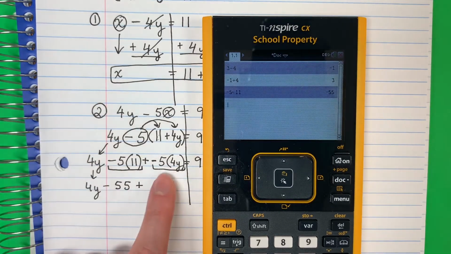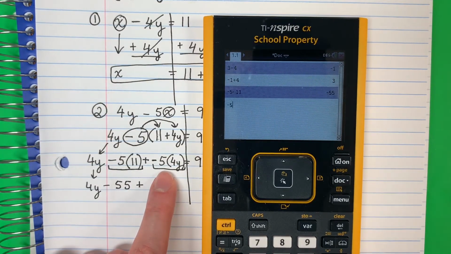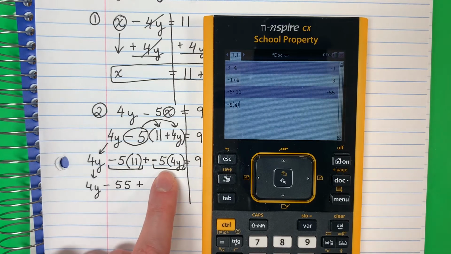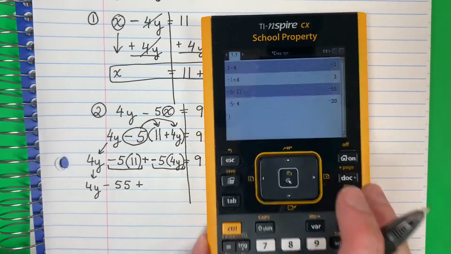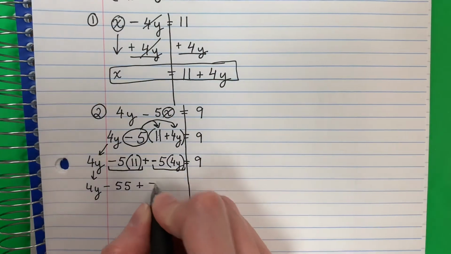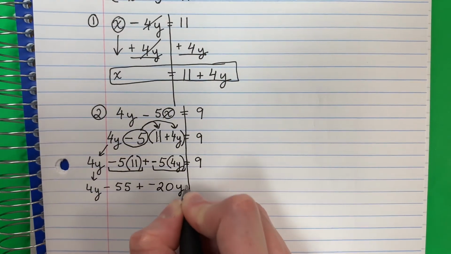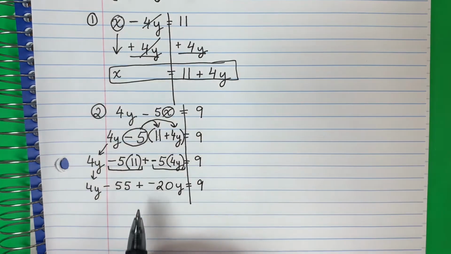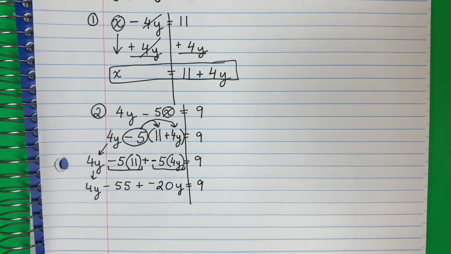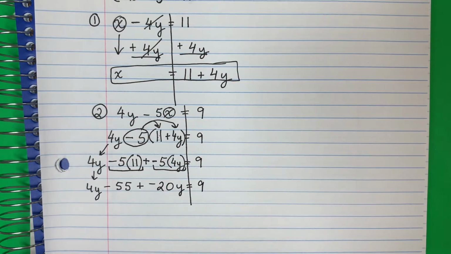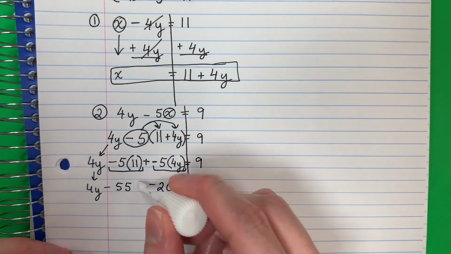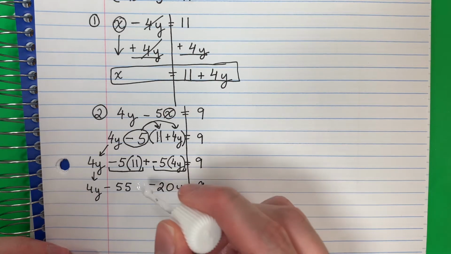Now in the calculator, ahora en la calculadora, negative 5 times 4, negativo 5 por 4, negative 20, negativo 20. Copy the y, equals, copy 9. Plus minus, más y menos. Plus minus is minus, más y menos es menos. So I'm going to erase the plus, voy a borrar el más. I only want minus, solo quiero el menos.